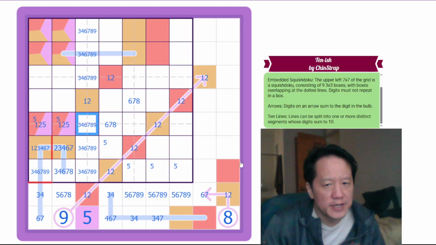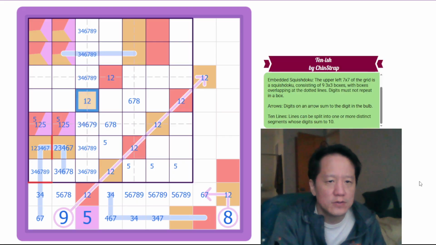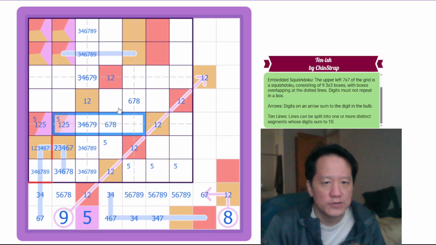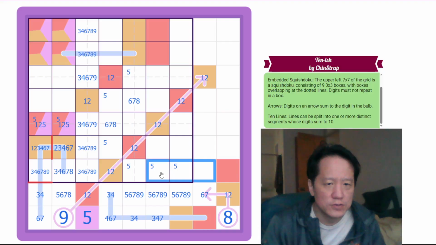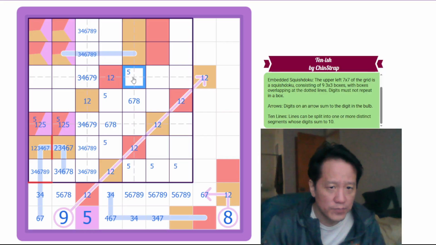So that eliminates 8 and the other 6 7s as possible here. 5 cannot be either of these, so 5 has to be one of these two. Well, if this is 5, one of these two is 5, and then this is 5. That could work.